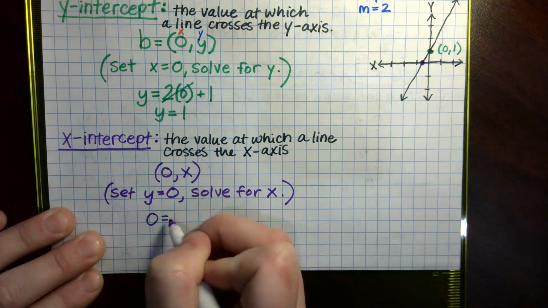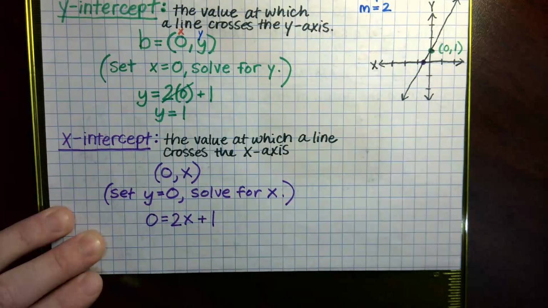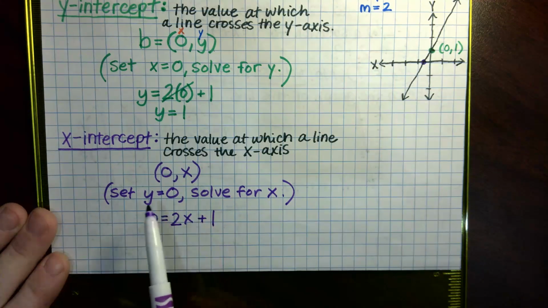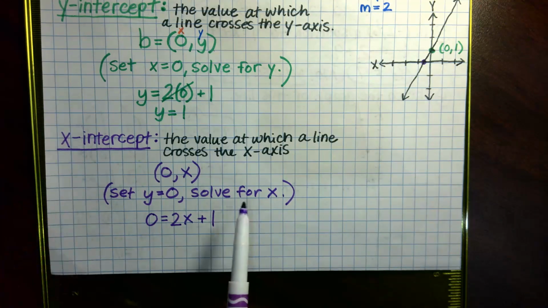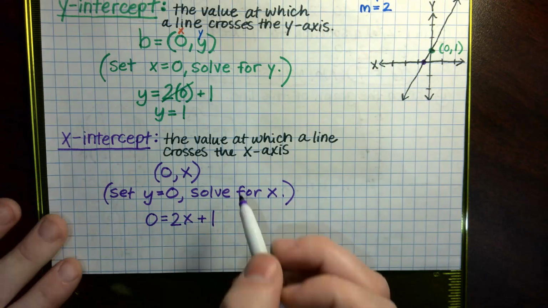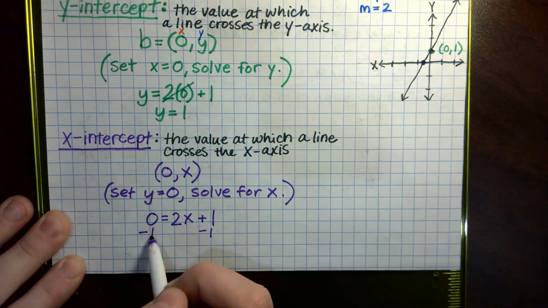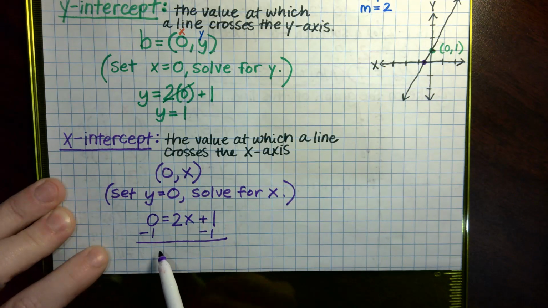And we're just going to solve it with our inverse operations. What's my first step to solving? Yeah, we're going to take that plus 1 and get rid of it by doing minus 1 on both sides. All right, 0 minus 1, what's that going to give us?